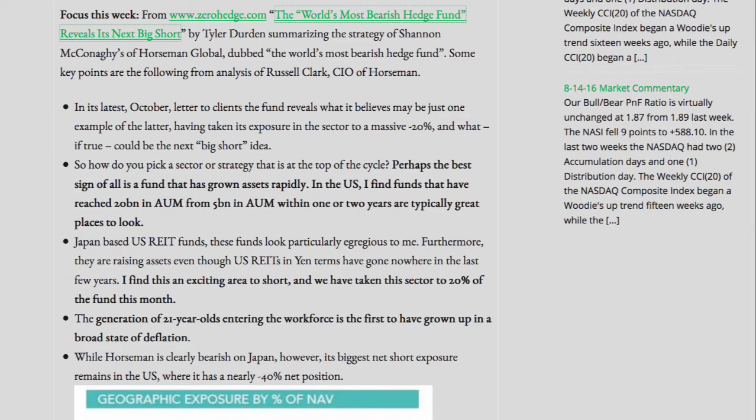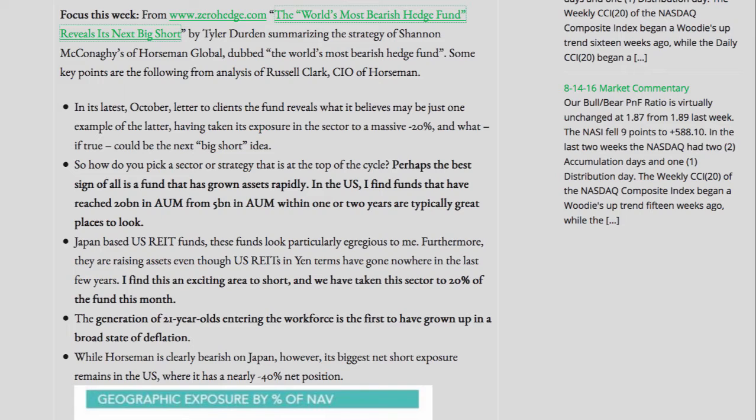Some key points are the following from analysis of Russell Clark, CIO of Horseman. In its latest October letter to clients, the fund reveals what it believes may be just one example of the latter, having taken its exposure in the sector to a massive negative 20%, and what, if true, could be the next big short idea.